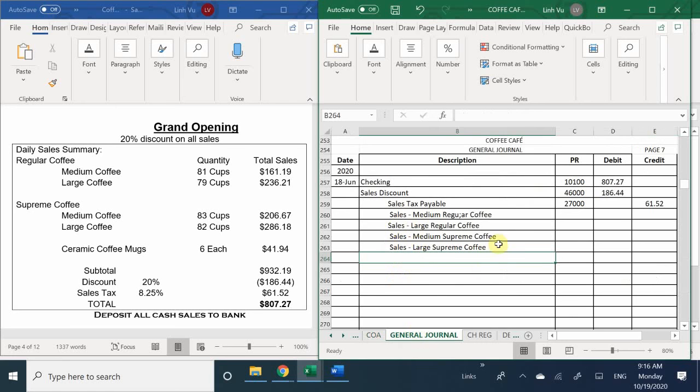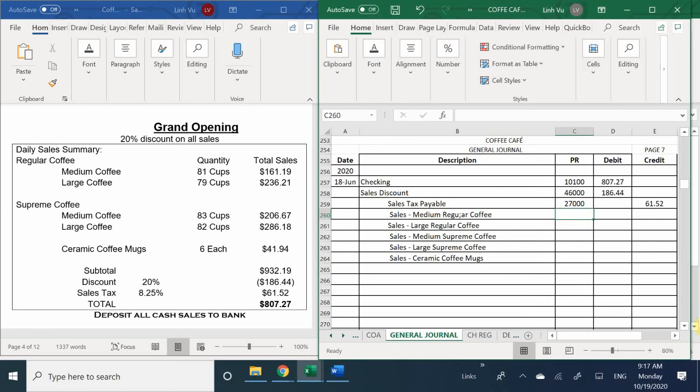So I'm going to go ahead and write in sales ceramic coffee mugs. And what are those account numbers?